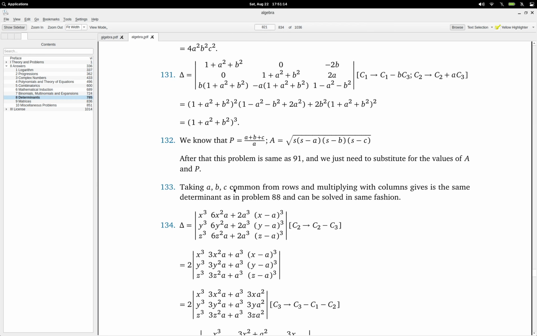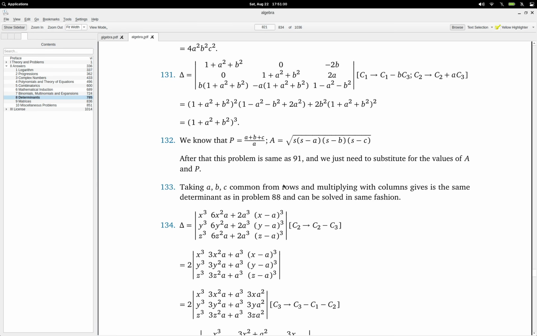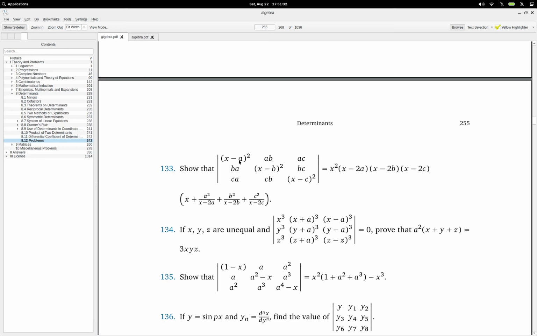So you multiply columns by a, b, c, and then you take a, b, c common from rows. Whether you multiply first or later doesn't matter. You will end up with the same determinant.